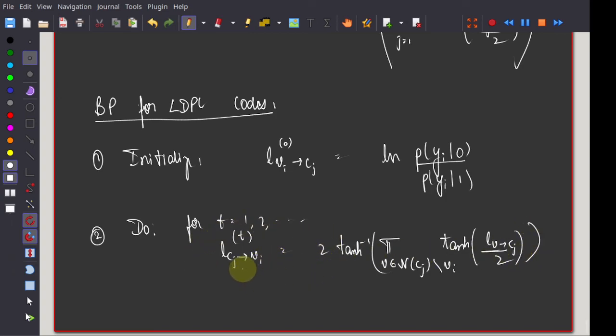So this is what I do at each check node, and then at each variable node, the message sent at time t is basically just the sum over all c which are neighbors of i, but I'm excluding j, of the incoming L, plus the initial message.